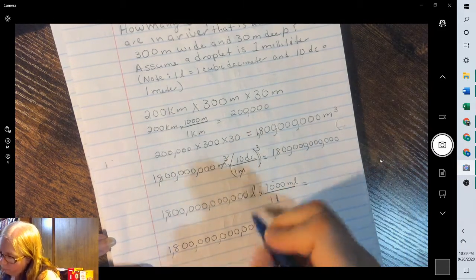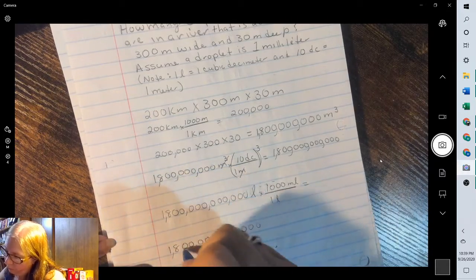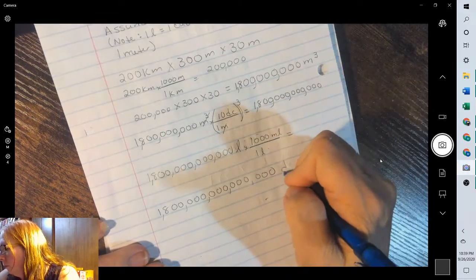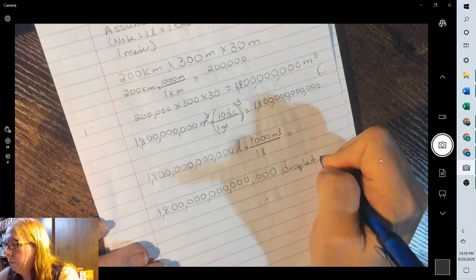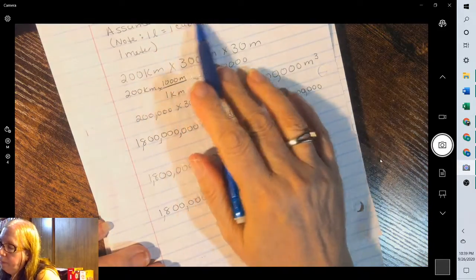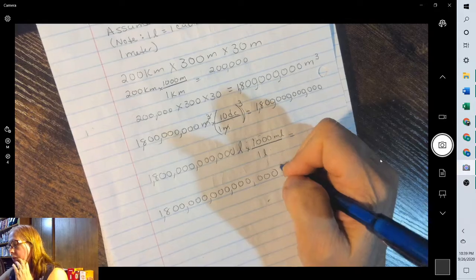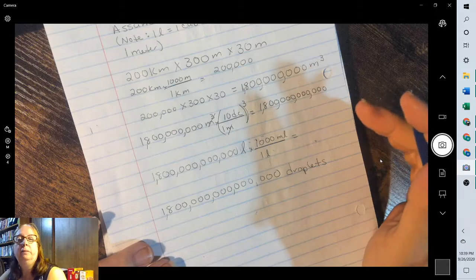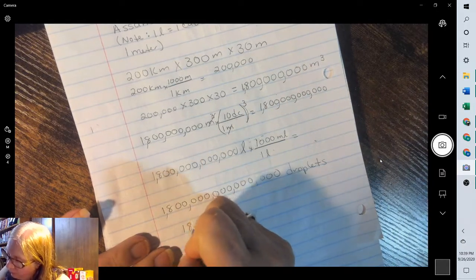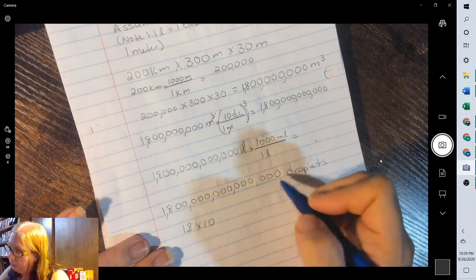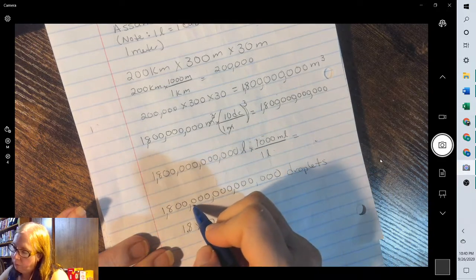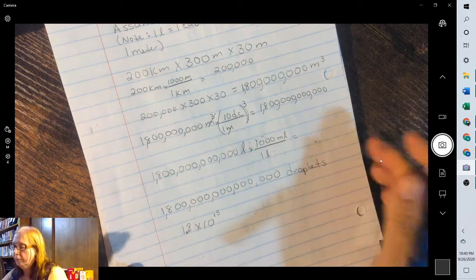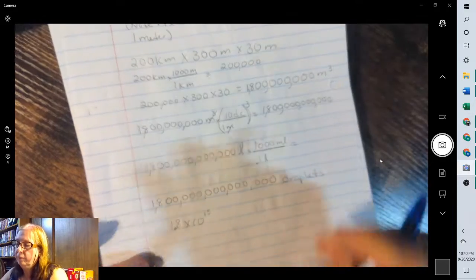So we add 3 more zeros. Droplets, because we said a droplet is a milliliter, and this is milliliters. That's a lot of droplets. 1.8 times 10 to the 15. That's everything.